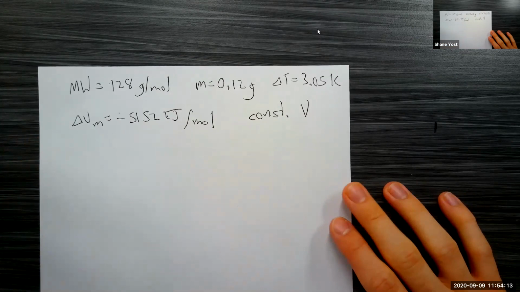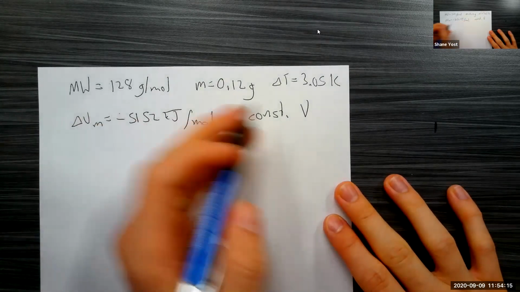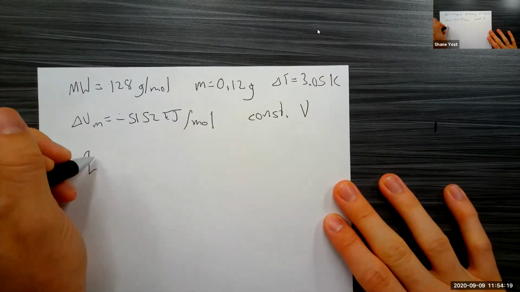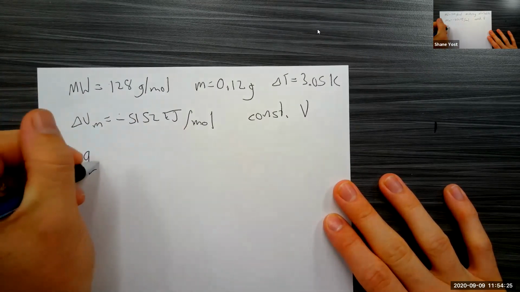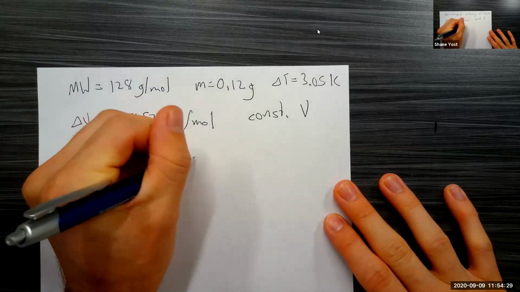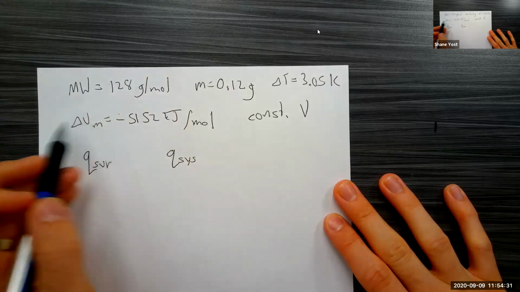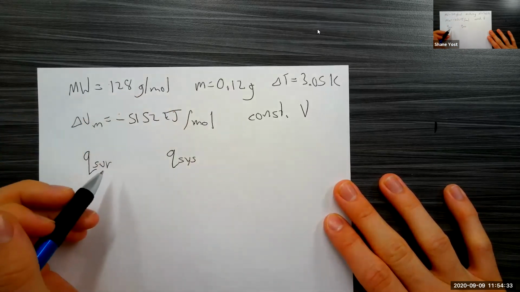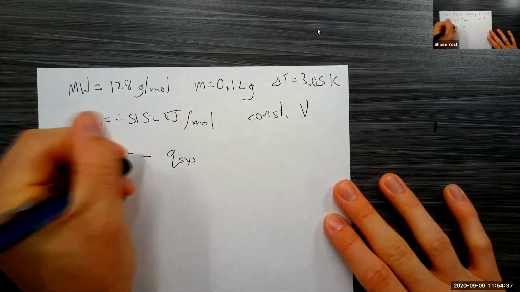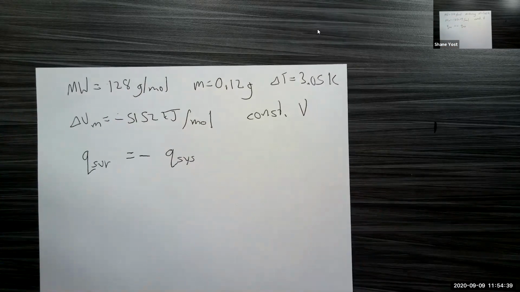Given that it's a constant volume process, that means the heat that my calorimeter, so for a calorimeter, there's the heat of the surroundings and there's the heat of the system. The system is my chemical reaction. The relationship between these two things is that they're equal but opposite sign.